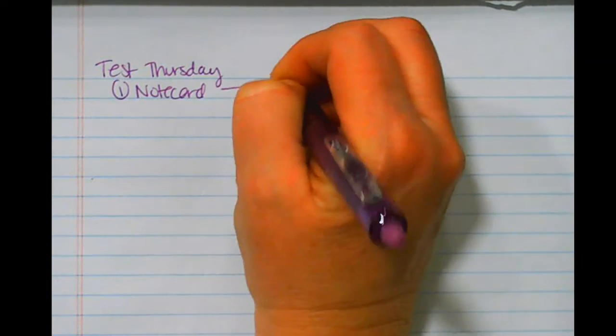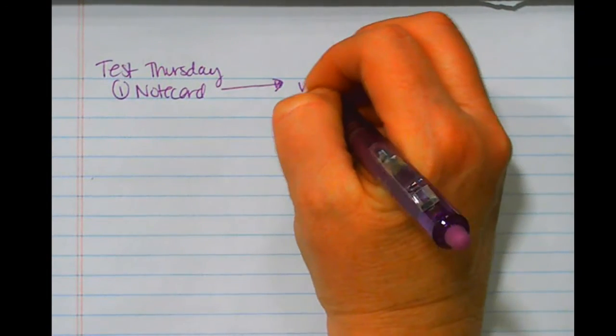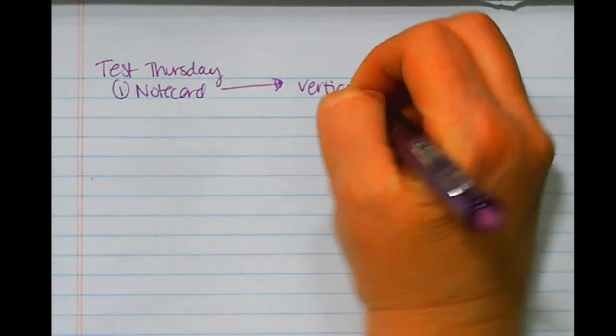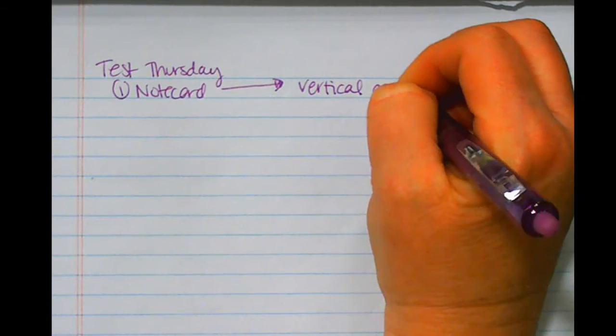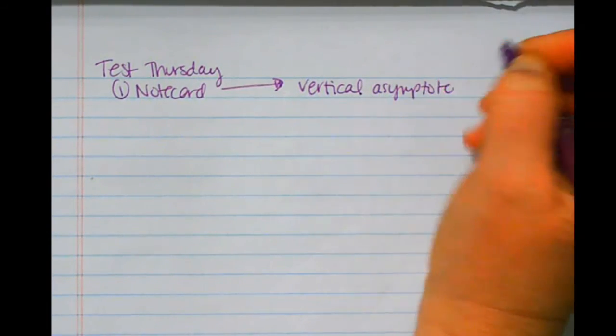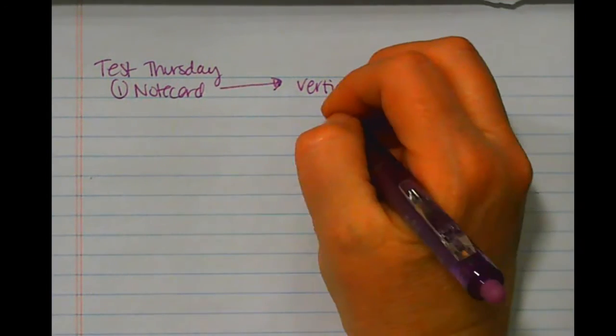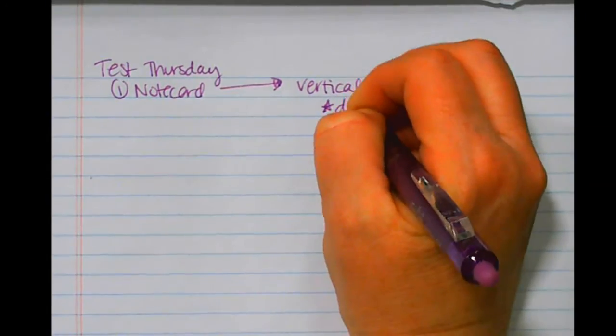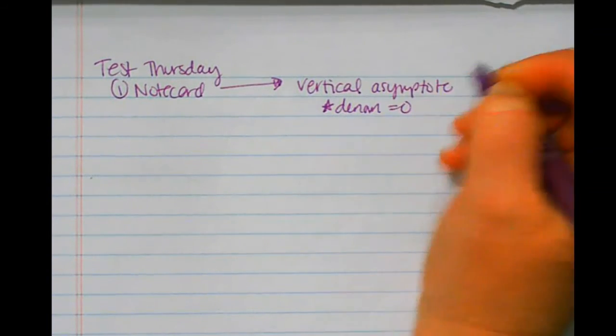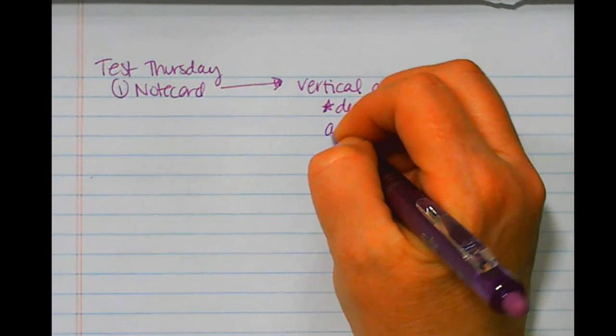So I told you could have a note card. And I would think the note card would want to have vertical asymptote, which is where the denominator equals 0 and doesn't cancel.